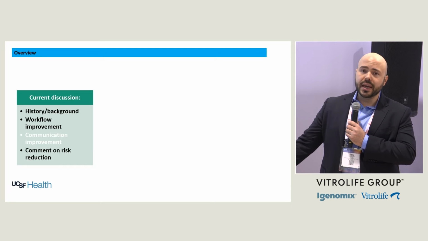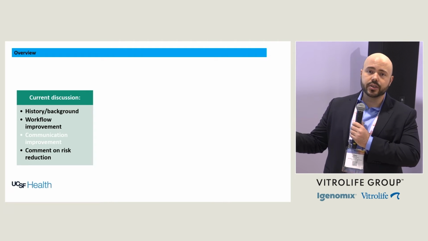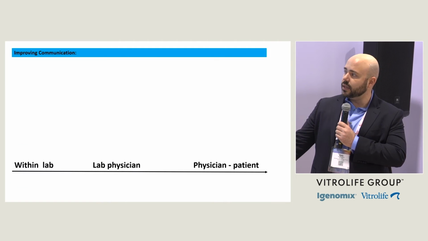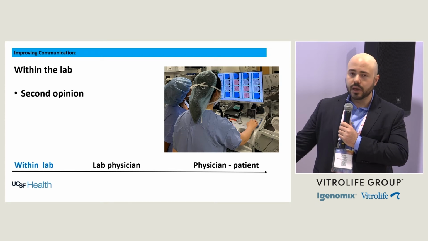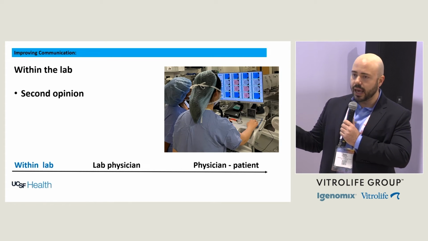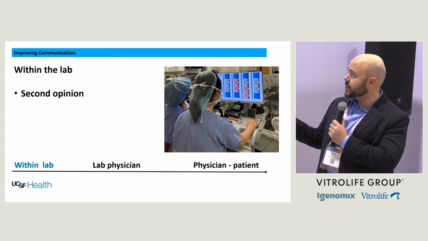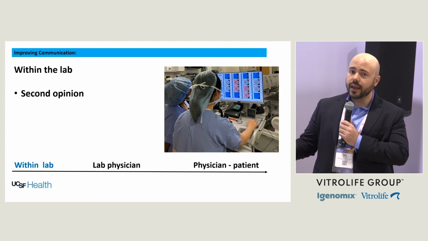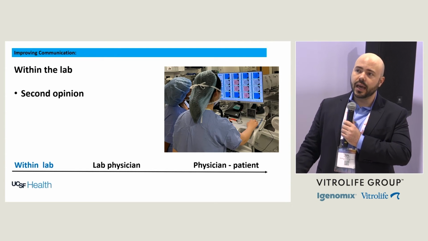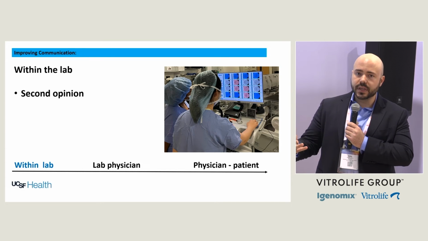Now, how can you communicate all of this good stuff back to your clinic? That also has created some communication within the lab, between the lab and the physician, and then between the physician and the patient, because now within the lab, you can give a second opinion. And a lot of times we all have done this as an embryologist. We're like, oh, I have a question.